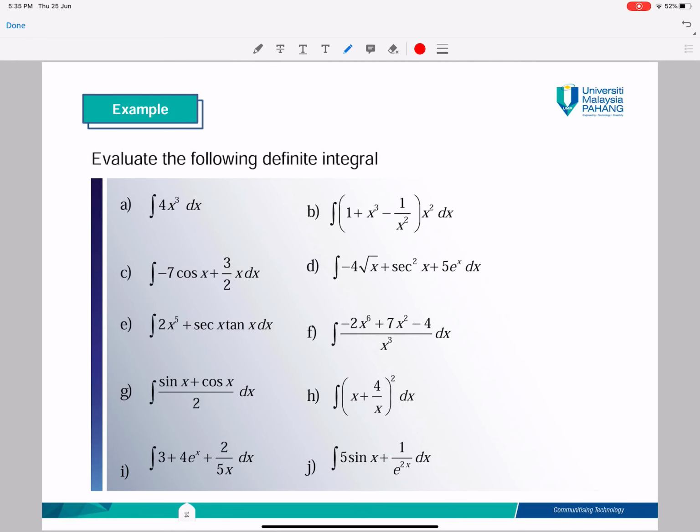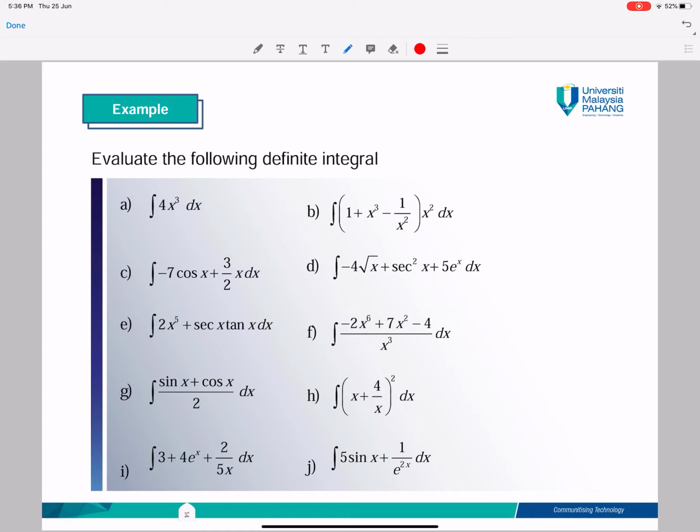So let us look at this example. Even though the solutions for these examples are given to you, I just want to discuss it because maybe some of you cannot really understand how we find the solution, because some of you didn't take maths, and you maybe already forgot what you have learned for SPM, or maybe for your diploma or CGL or whatever.